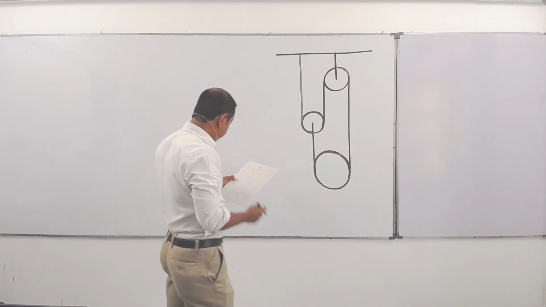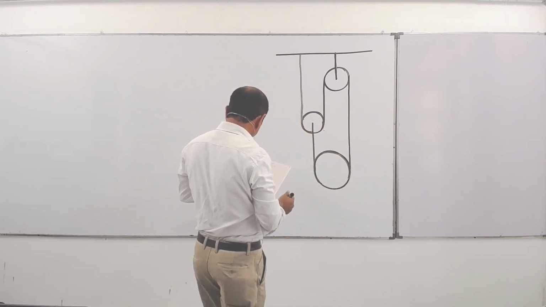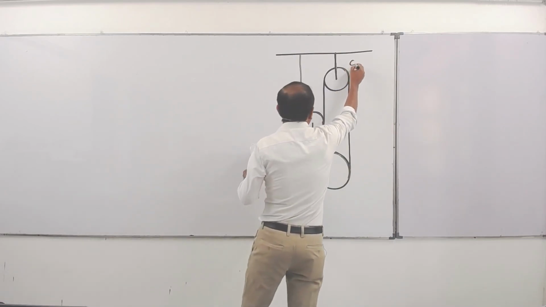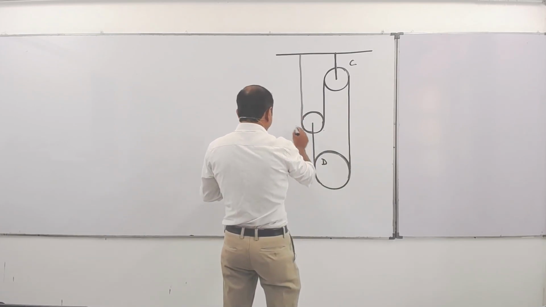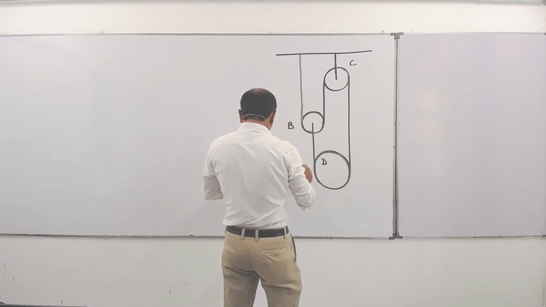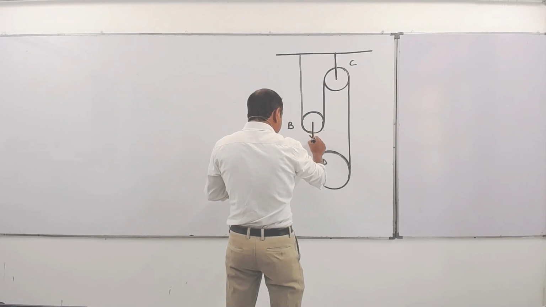The diagram, right? This is the C, this is the D, this is B. The mass of this is 2m, weight is 2mg. Tension acts downward, here upwards.